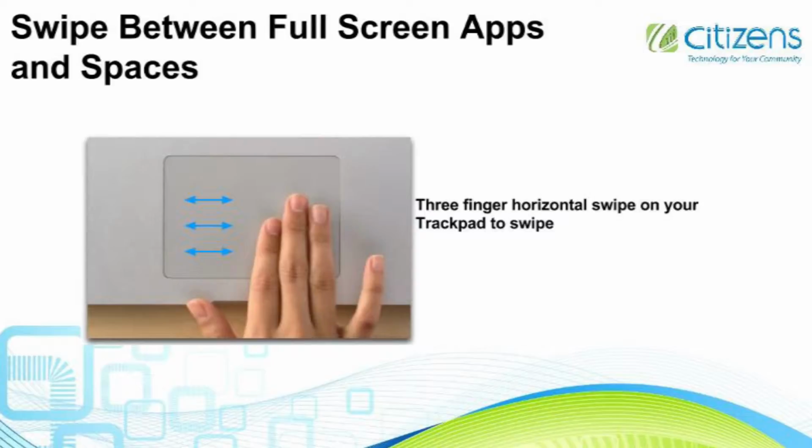And to swipe between full screen apps and spaces, so this is your different apps, we'll go over all of this in a minute, it's your 3-finger horizontal swipe on your trackpad. So just swipe horizontally with 3 fingers to navigate through your apps.